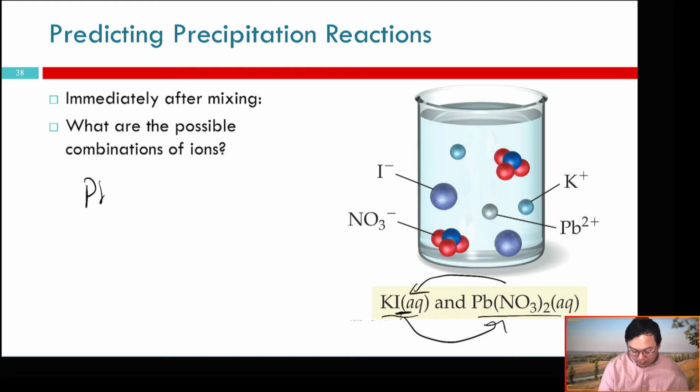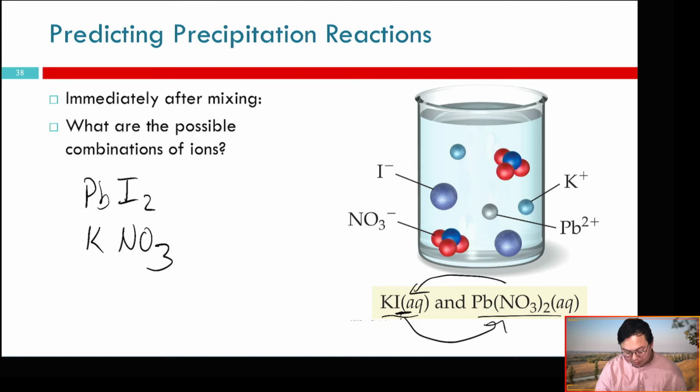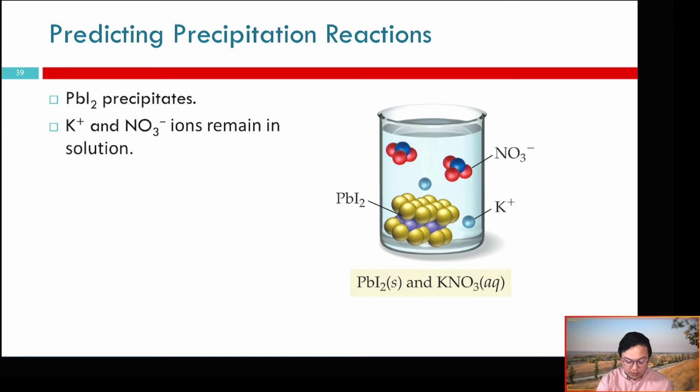So we'll get lead iodide, and we'll get potassium nitrate. Then we will check these new products to see if they are soluble or insoluble. Like we saw from the solubility table, lead iodide precipitates, clumps up, and forms a solid. But the potassium and the nitrate ions remain in solution. They continue to float around. They're not forming any solids.